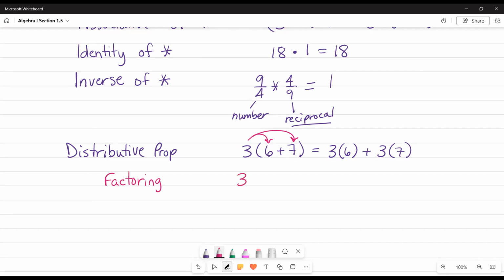If we have 3, we'll get to that. 3 times, not a variable, keep it a 6. 3 times 6 plus 3 times 7 is the same as 3 times 6 plus 7. Typically we use it when we're working with variables.